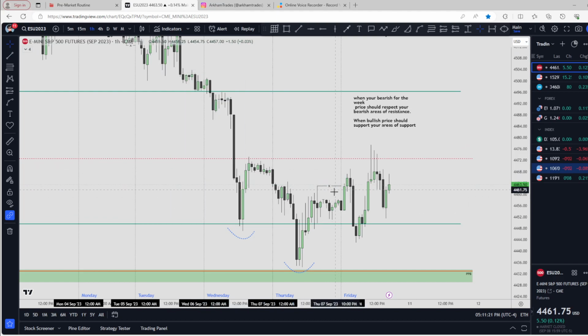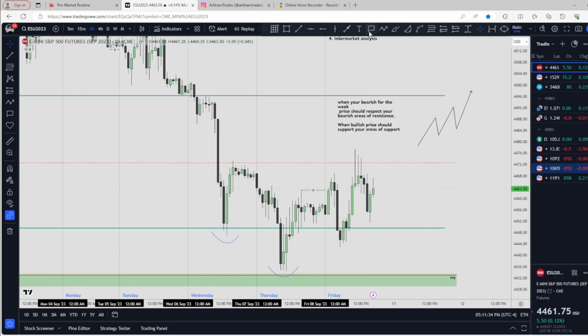This broke structure to the upside. Do you know how they're like higher highs and higher lows, and higher highs is an uptrend? This is it. This broke structure to the upside, created a higher high. Now it's going to start creating a higher low.